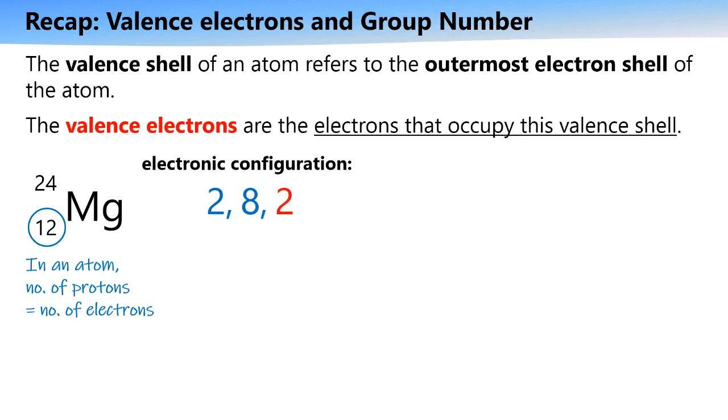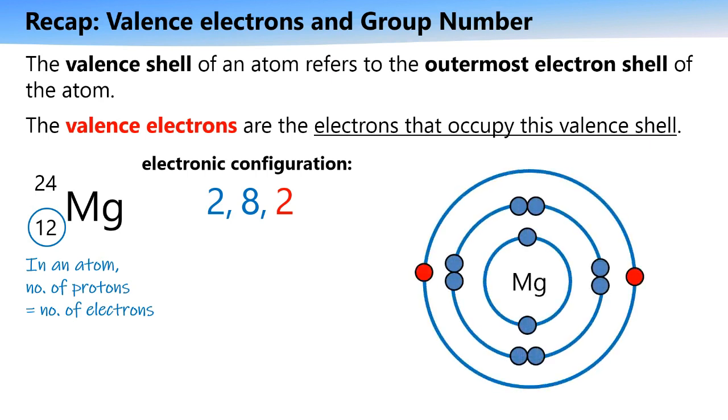2. Right, so if you draw it out, this is what it will look like. The first shell having 2 electrons, the second shell having 8, and the third shell having 2. And in this case, the third shell is known as the valence shell. And there are 2 valence electrons because there are 2 electrons in the outermost electron shell.